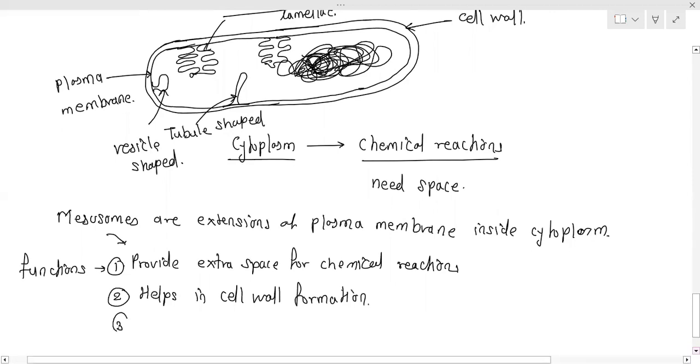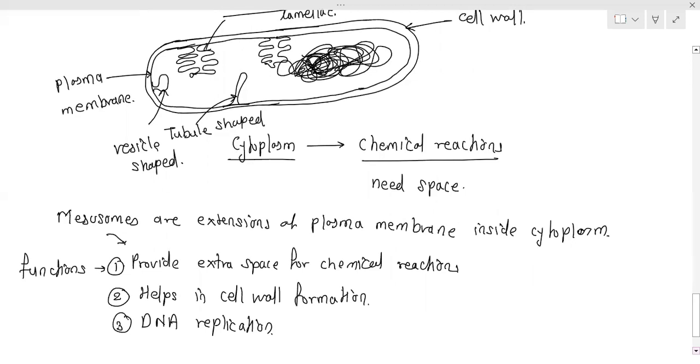Thirdly, it helps in DNA replication. You don't know what DNA replication is, just remember; I'll teach you afterward. And fourthly, it helps to distribute DNA in daughter cells.